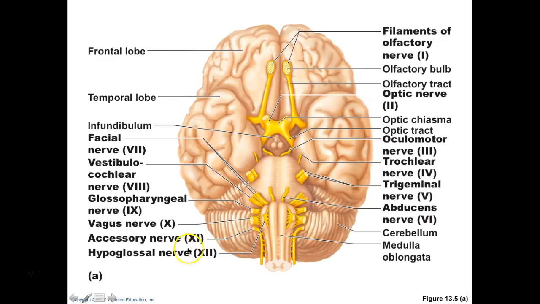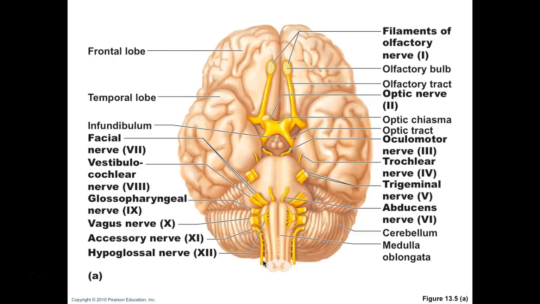Next we have the accessory nerve, and this is cranial nerve number 11. This too is coming off of the medulla, but we also have nerve fibers down here that are originating from our cervical portion of our spinal cord. It's actually from the ventral rootlets of C1 to C5.